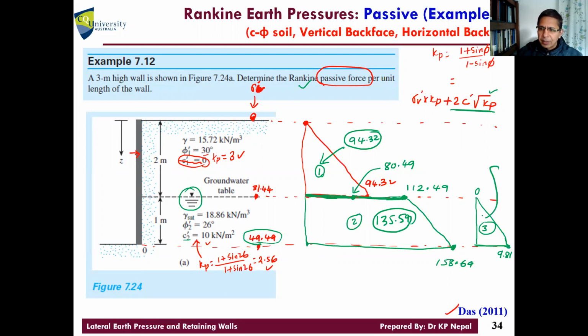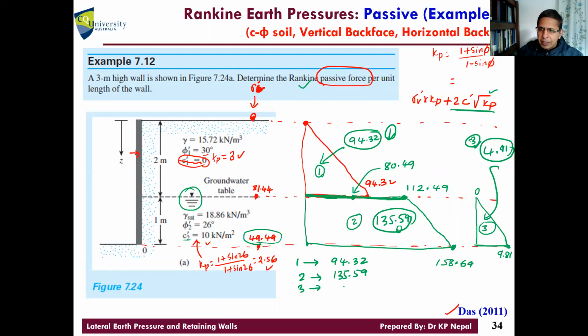What is the area for the water pressure? Total force due to water. 9.81 times 0.5, because height is 1, so it's 4.91. So I calculated 3 areas already. This is 1, this is for 3, this is for 2, right? Can I sum them together? Area 1 is 94.32. Area 2 is 135.59.